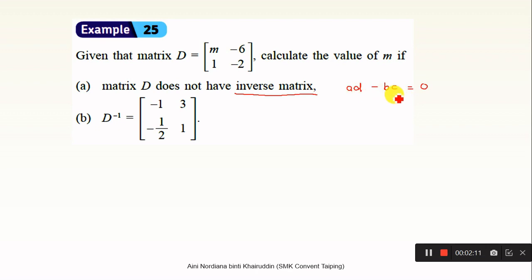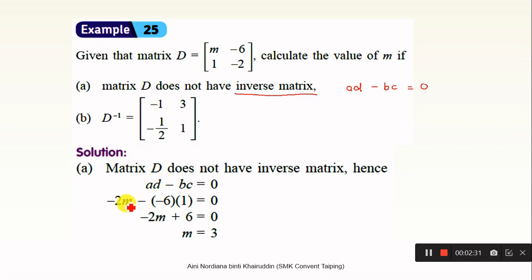If AD minus BC is not equal to 0, then the matrix has an inverse matrix. Here it says matrix D does not have an inverse matrix, so for sure AD minus BC equals 0. So AD is negative 2 times M, which is negative 2M, minus negative 6 times 1, equals 0. So we will get the value of M.